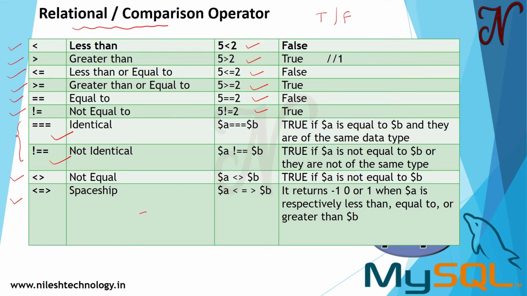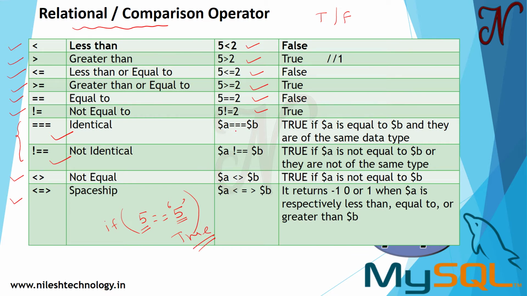Now see here, triple equal. Suppose 5 is in single quotes and the other 5 is an integer, which means one is an integer and one is a string. If we check 5 equal to 5 using the double equal sign, it returns true, meaning double equal only checks the values. If the values match, it returns true.